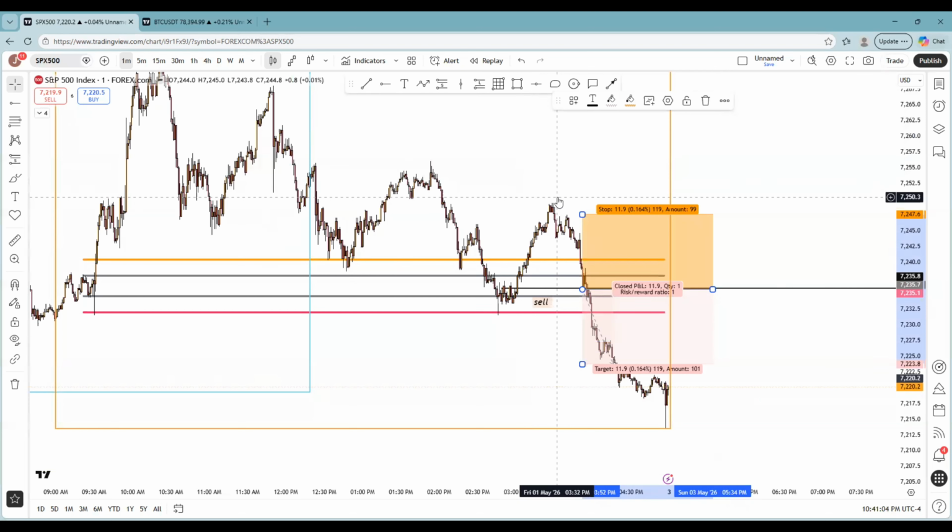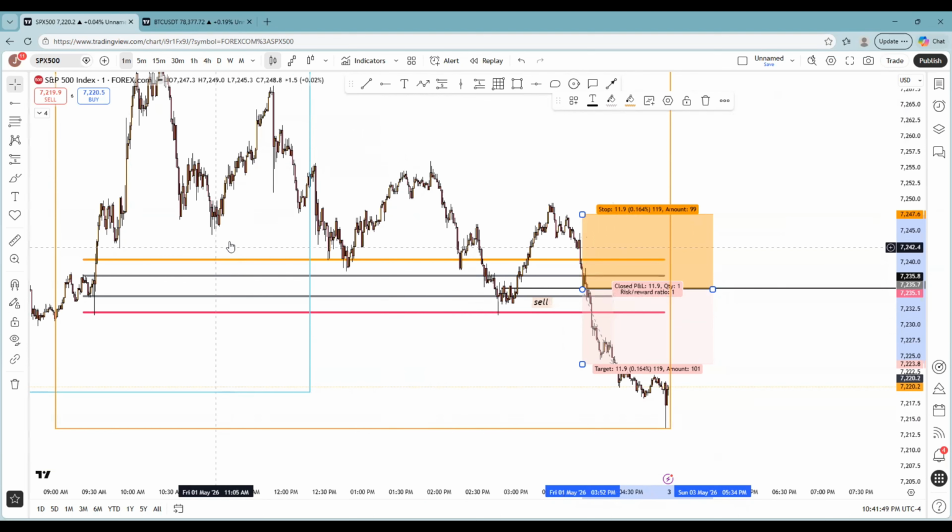Sometimes I have gotten a little risque and I will get in before price closes below that sell entry line. But that's only because I have back tested this to see if it's likely to go in my favor. And based on my back testing, it was something that I seen happen often, and I'm like, okay, that's fine. I'm willing to take that risk, right?